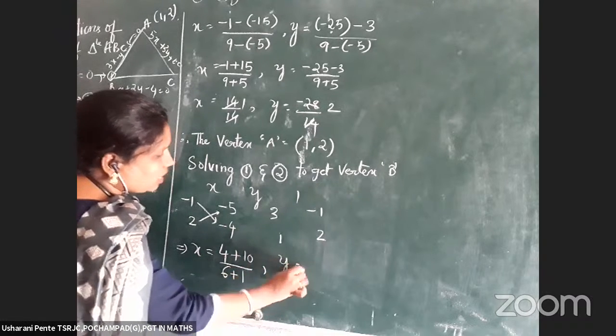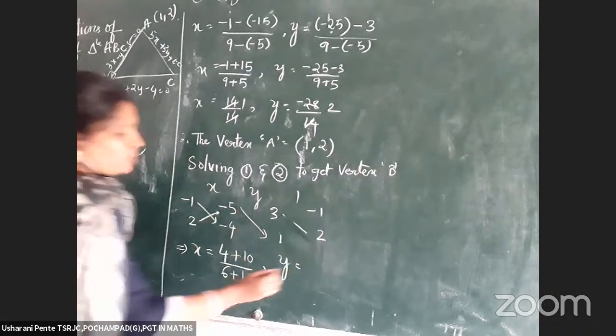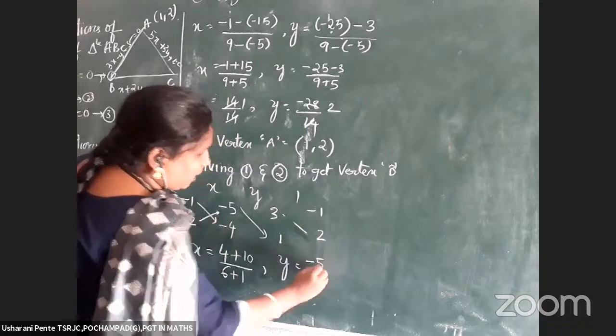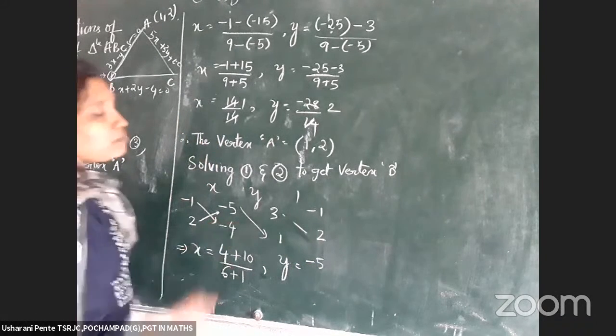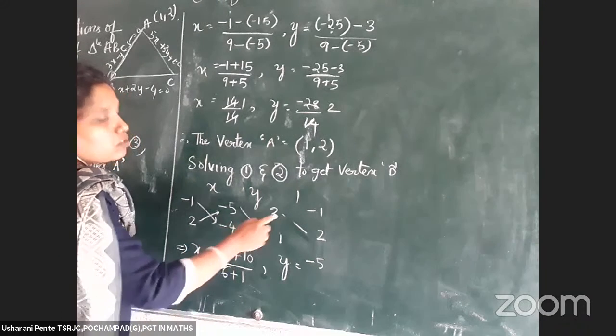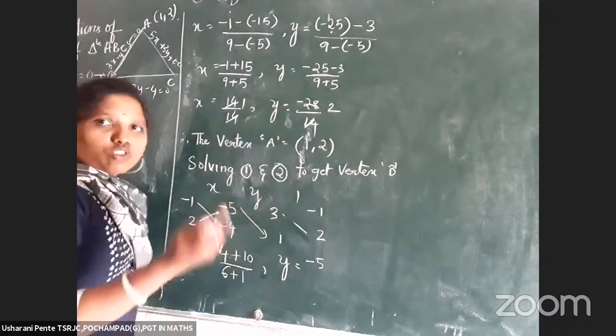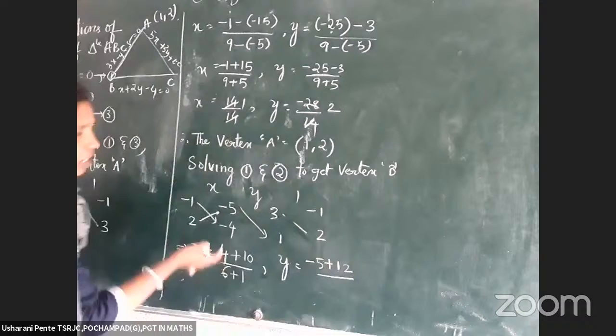While y is equal to how much? 5 times of 1, -5 times of 1 is -5. Minus 5 times of -4 times 3 is -12. Minus of minus will become plus. So plus 12.